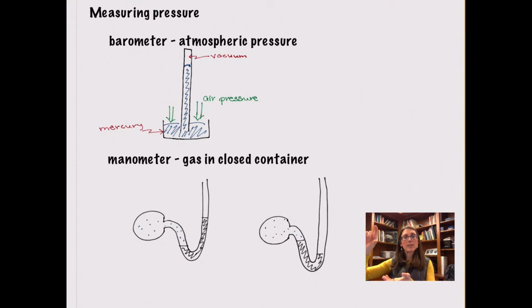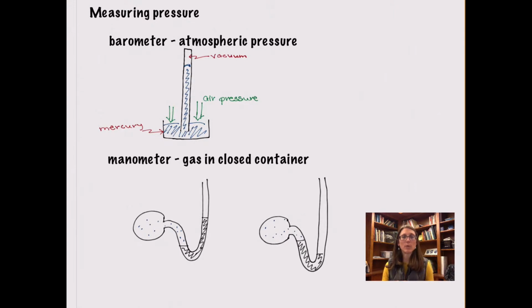And it will fall until it is balanced by the pressure of the air pushing down on the outside on that pool of mercury. Once those forces are equal, your mercury will stabilize and you can measure the height of that mercury. The higher the pressure, so the harder the air is pushing, the taller the column of mercury will be able to be supported.